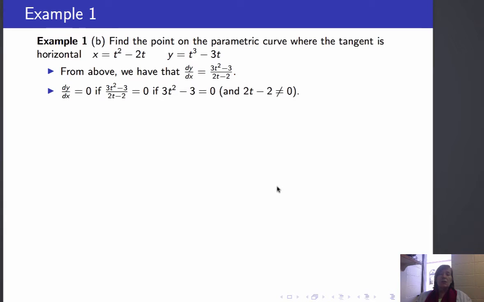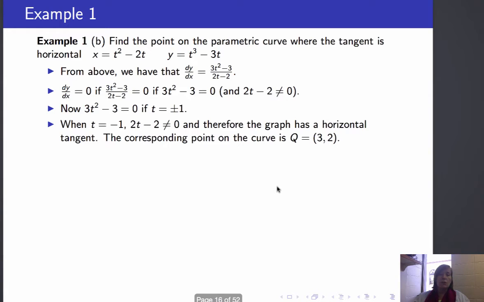dy/dx equals 0 if this quotient is 0, and of course this happens if 3t squared minus 3 is 0 and the denominator is non-zero. If 3t squared minus 3 is 0, then t must be equal to plus or minus 1.